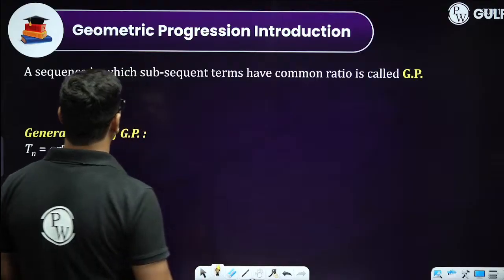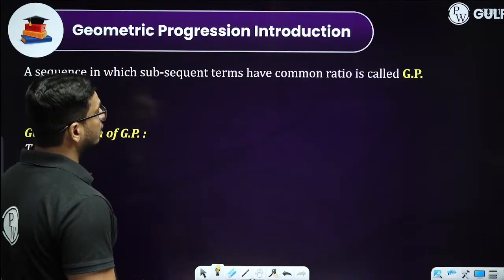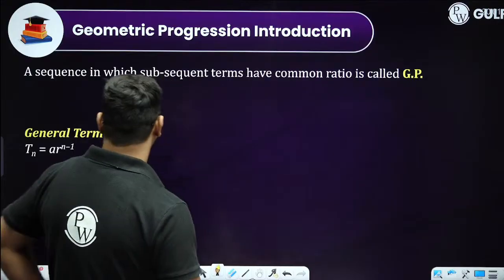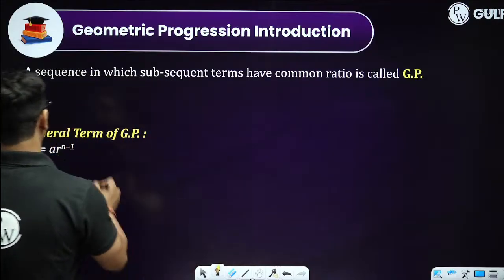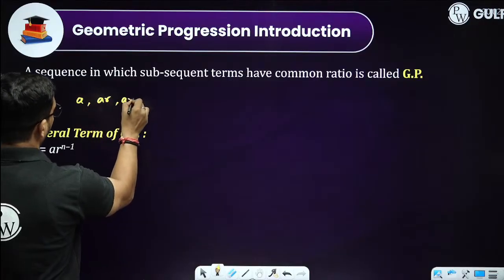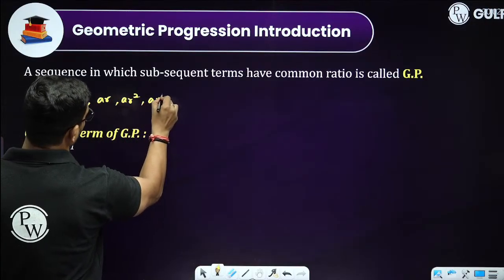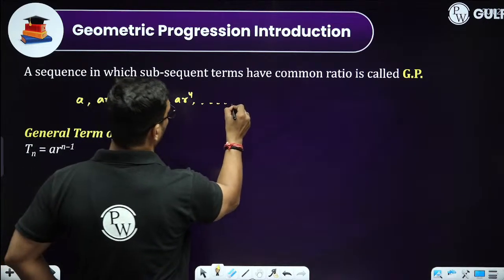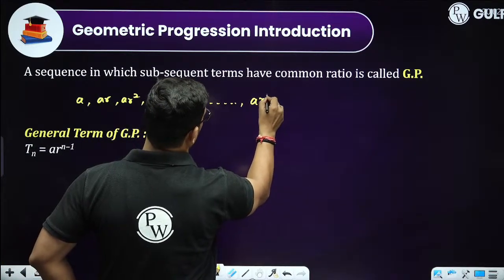A sequence whose subsequent terms have a common ratio is called GP. What are subsequent terms? Let's see: A, AR, AR square, AR cube, AR to the power 4, and so on. Last term AR to the power n minus 1.